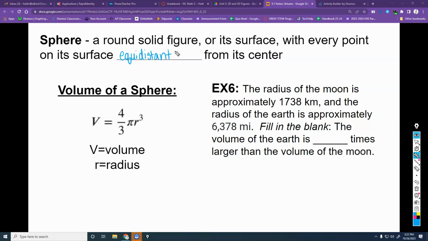So whenever you have a sphere, all the points on the surface of the sphere are the same distance from the center. The volume of a sphere is 4/3 pi r cubed. Make sure you're using a cube right there because the other problems all have squares in them, so it's easy to get that mixed up.